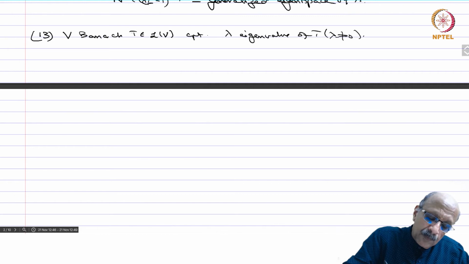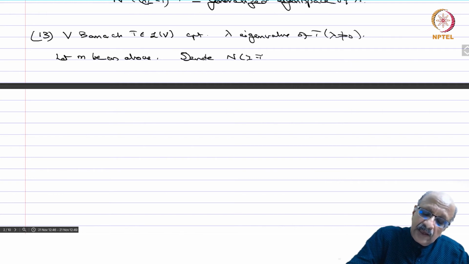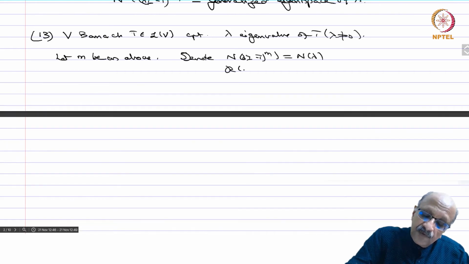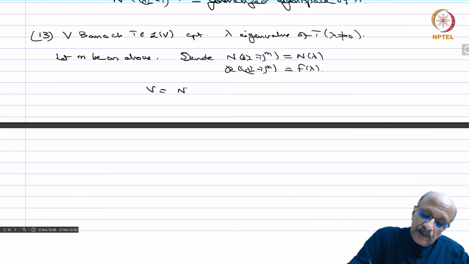So then we put M, let M be as above, and we define or denote the null space of (lambda I minus T)^M as N(lambda), and the range of (lambda I minus T)^M as F(lambda). So then we know that V is equal to N(lambda) direct sum F(lambda).